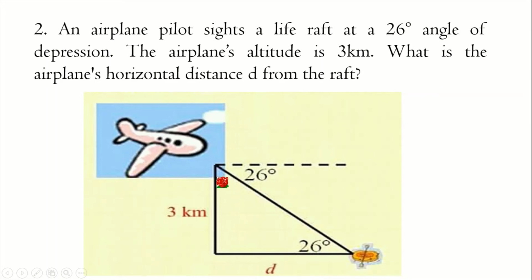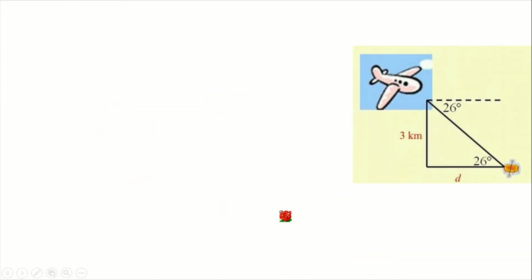So, ang hanapin natin is yung kanyang adjacent. Okay, so we can solve kasi dahil nahanap natin yung horizontal distance, ibig sabihin yung adjacent ang hanapin natin, adjacent sa kanyang angle. So dahil dyan, gagamit tayo ng tangent.